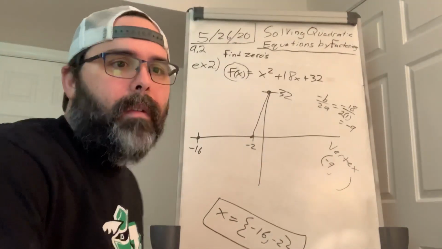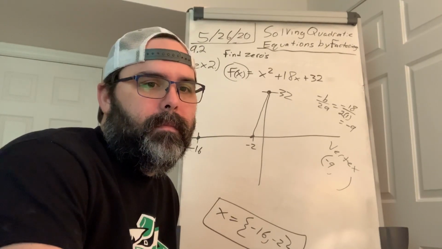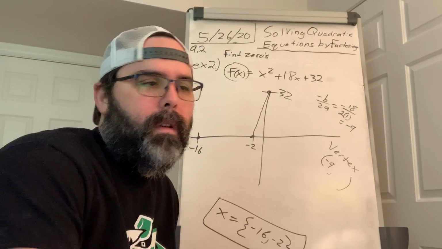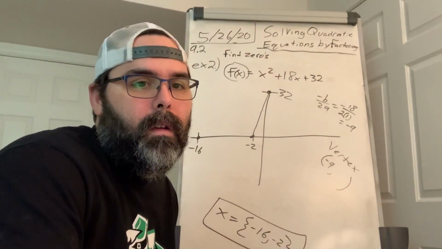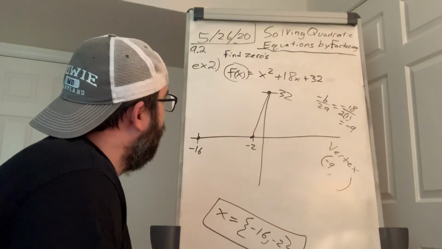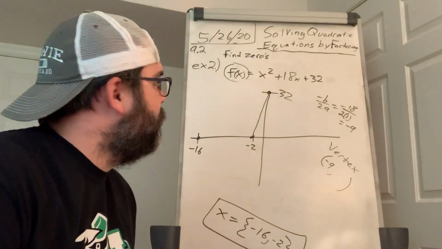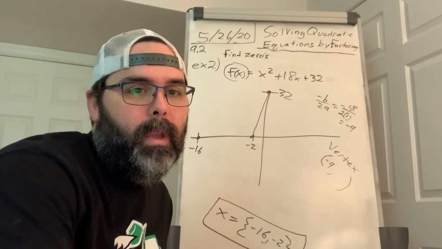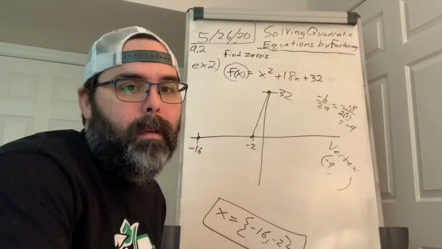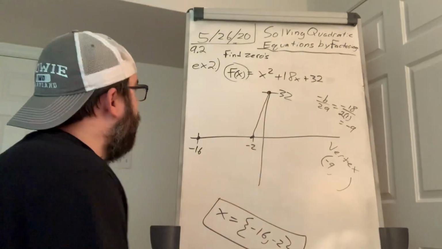I don't know this in my head. 162. This 18 times negative 9 would be negative 162, minus the 81, which is negative 81, plus the 32, which would give me negative 49.